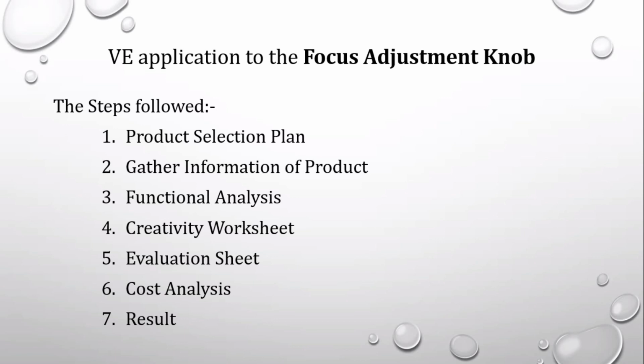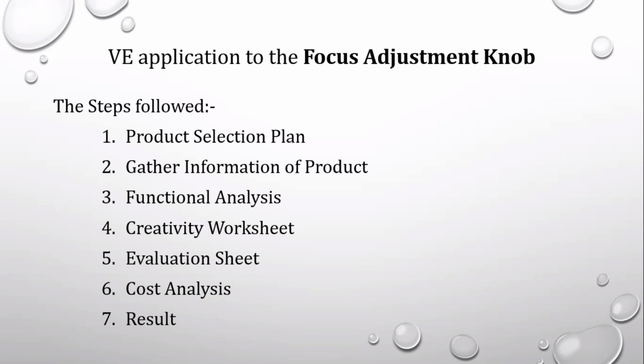And then we do the functional analysis, prepare the creativity worksheet, evaluation, and then finally do the detailed cost analysis, and we come up with the result. Here the steps are different, in the sense that different terms are used, but the work that you're doing is the same. Functional analysis we have to do, and information on the product we need to collect.